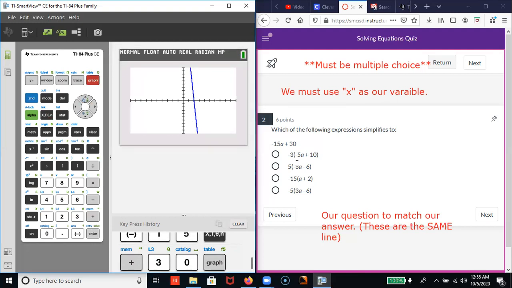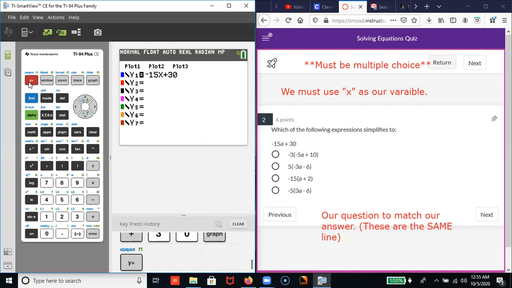So now I need to graph every single one of my answer choices until they're the same line. So let's go to y equals. Now I want to keep this line here to see if they're the same. So I'm going to press the down button to go to the next line. Now I'm going to enter in this equation and see if it's the same.